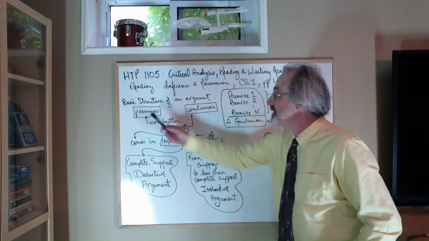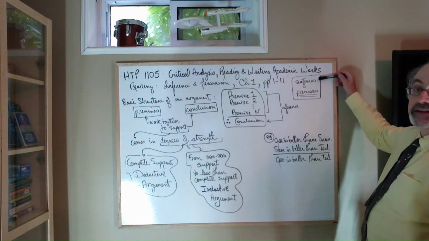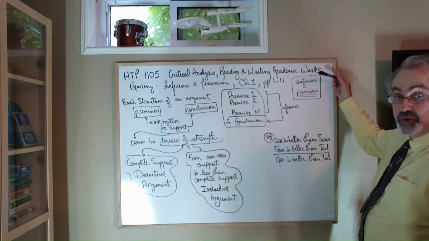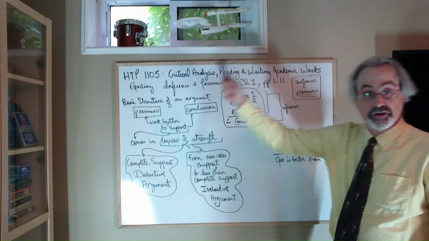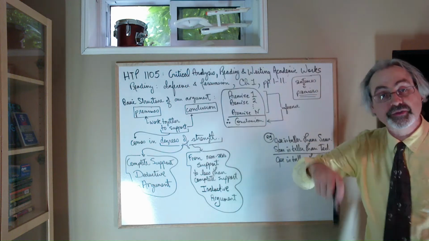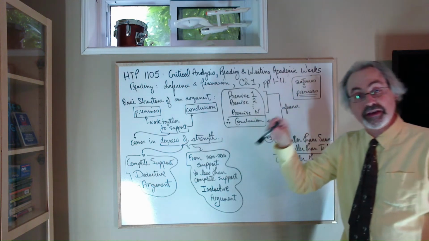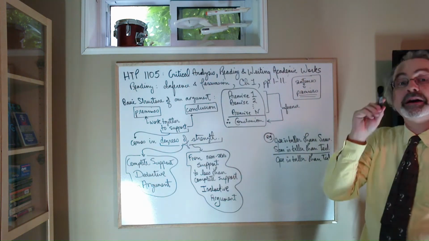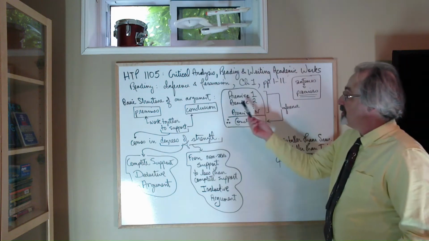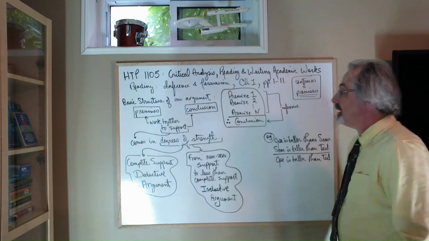So premises, basically, that's what we were calling sentences earlier. I'm going to introduce a new technical term. In addition to arguments being structures that are particular collections of sentences, we're going to now say premises. So there's your basic structure of an argument.